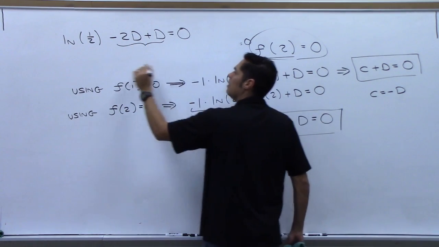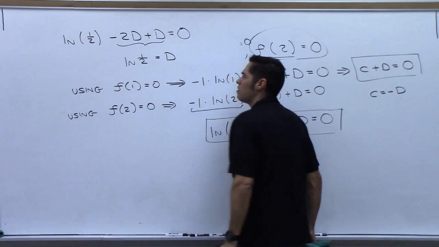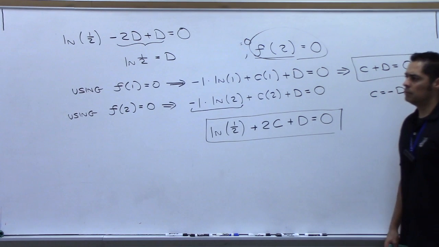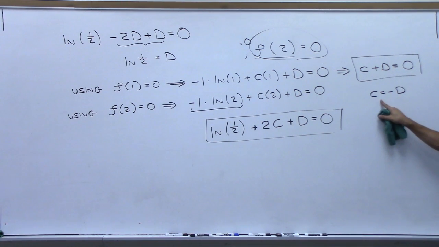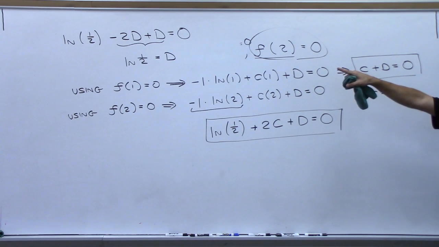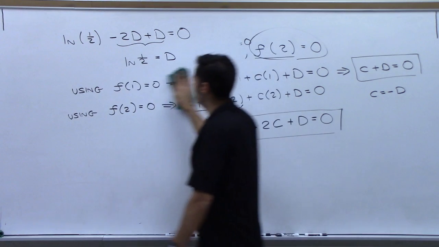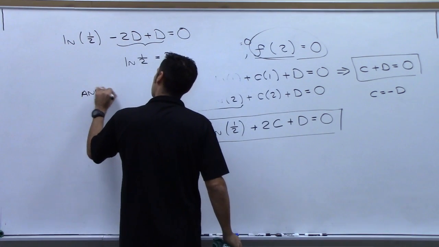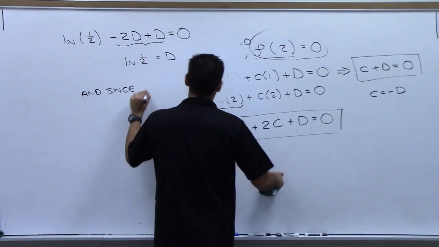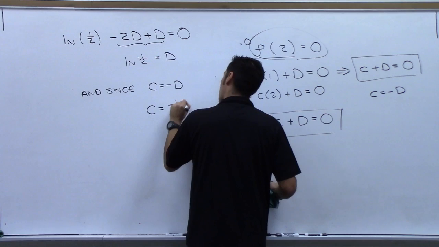Move it to the other side. d is the natural log of 1/2. And plug that in there. And then that means that c is negative of that, right? Since c equals negative d, that means c equals negative natural log of a half.